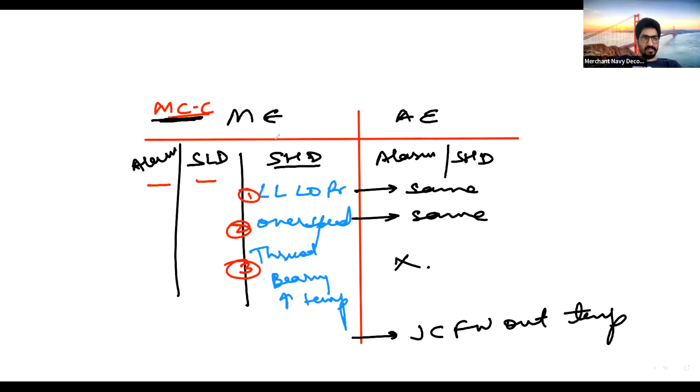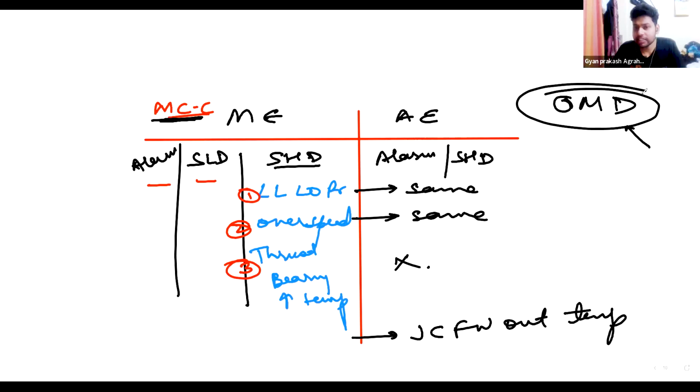The more the mist, the more the chance of hotspot and explosion. So there's a mist detector, oil mist detector, which we call OMD. It is working whenever the main engine is running, and it will give a slowdown whenever it senses a high value of mist.